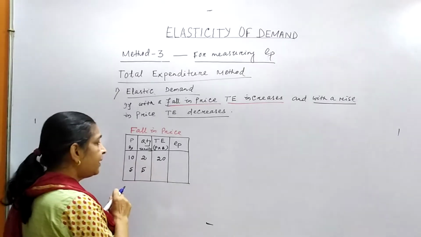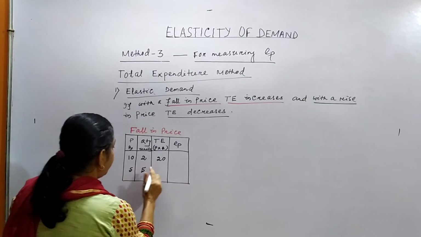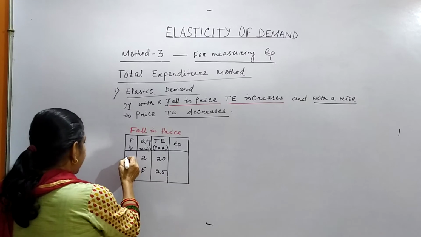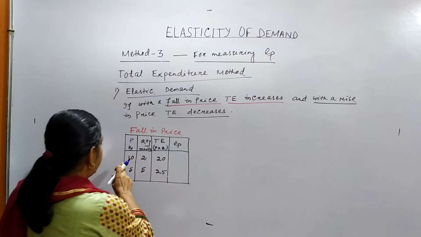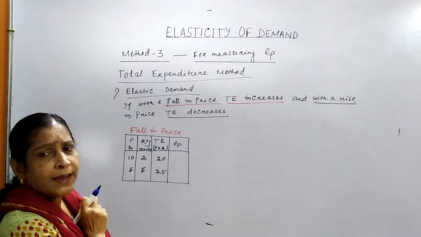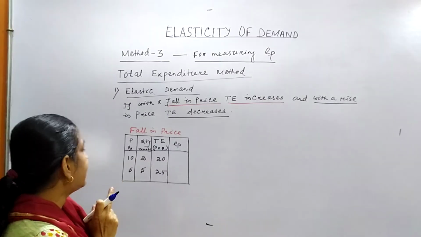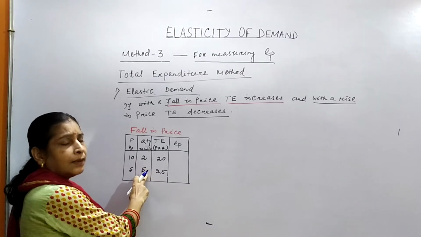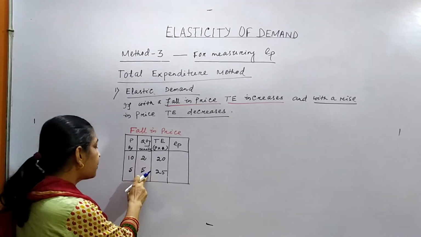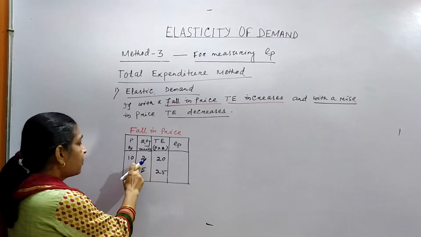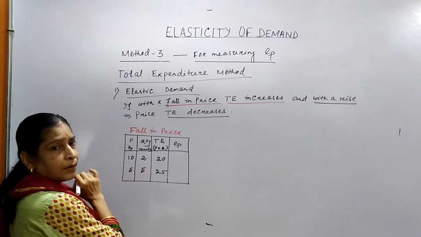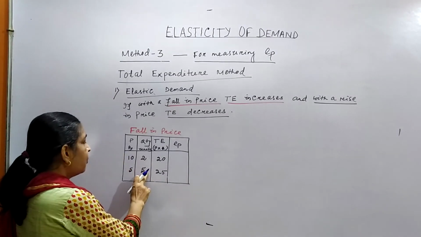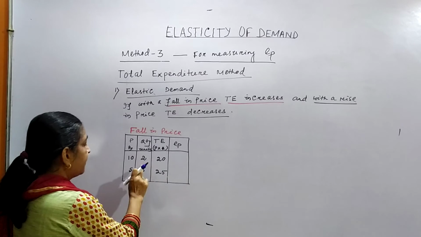Total expenditure is 5 into 5 equals 25. The price fell by half, but quantity demanded increased by more than double. If quantity demanded changed proportionately, it would be 4, not 5. But the change in quantity is more: it is 5, not 4.